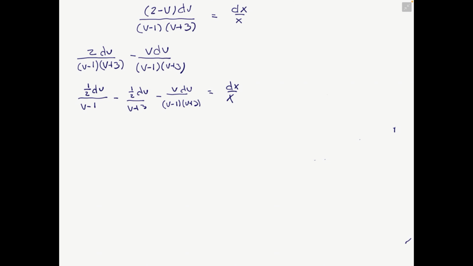Now we still have this troublesome v over v minus 1 times v plus 3 term. See if we can break that up into partial fractions. So again, we go a on v minus 1 plus b on v plus 3 equals v on v minus 1 times v plus 3. Now multiplying across, we got a times v plus 3 plus b times v minus 1 equals v.